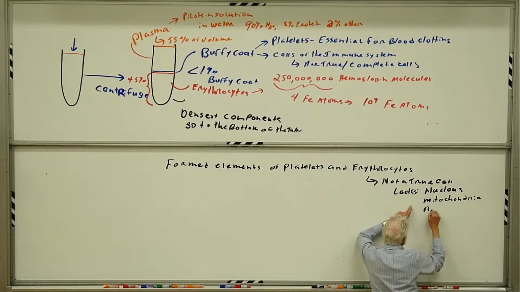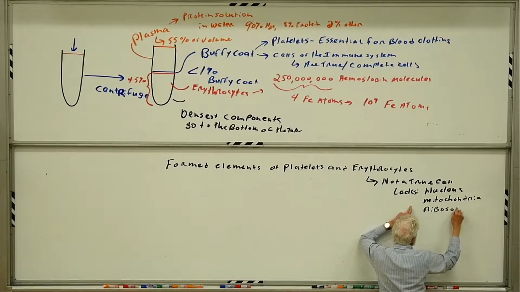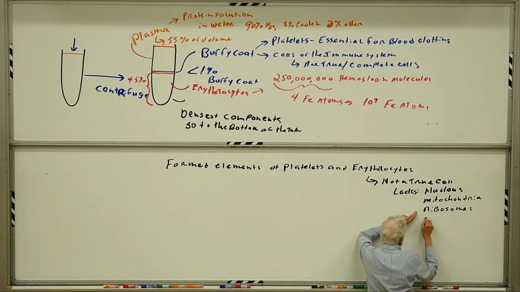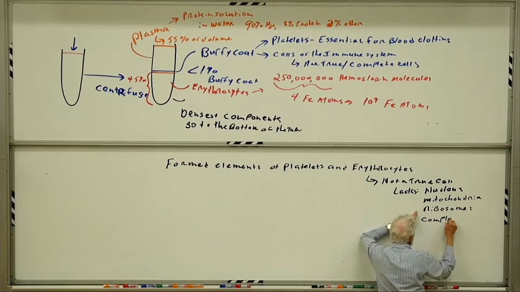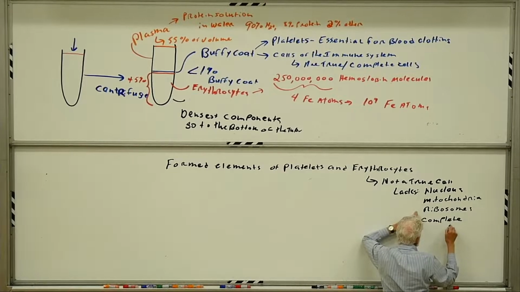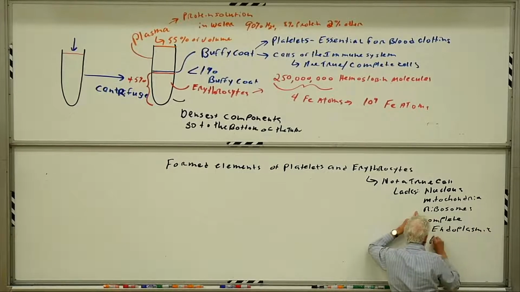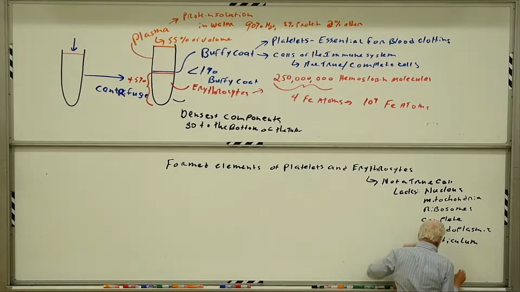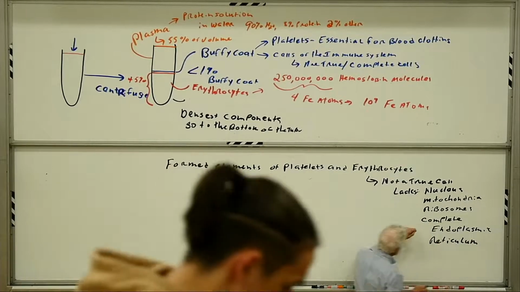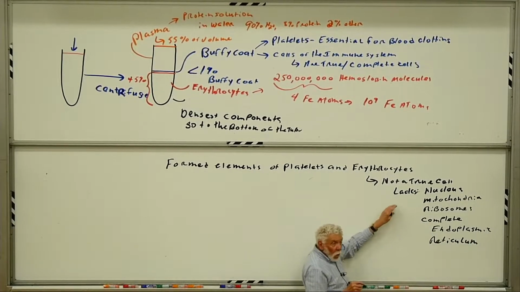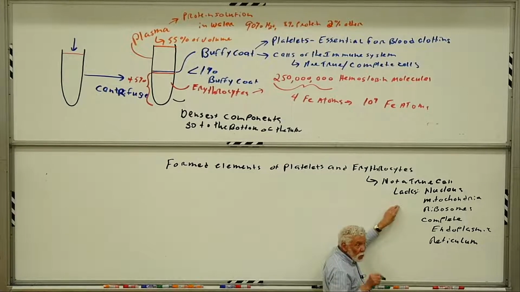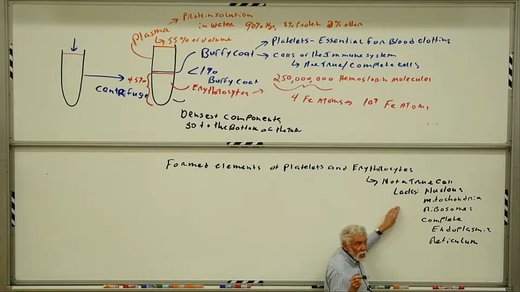It lacks ribosomes. It lacks a complete endoplasmic reticulum. Fundamentally, all of the parts of a cell we associate with eukaryotic cells are gone.